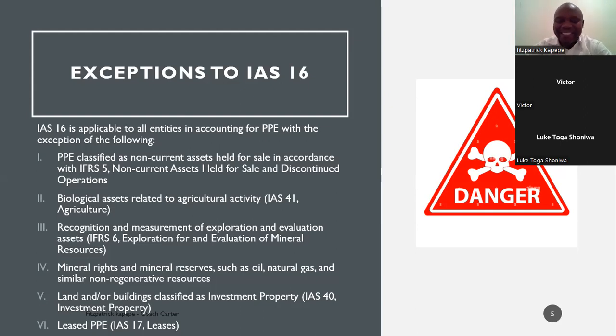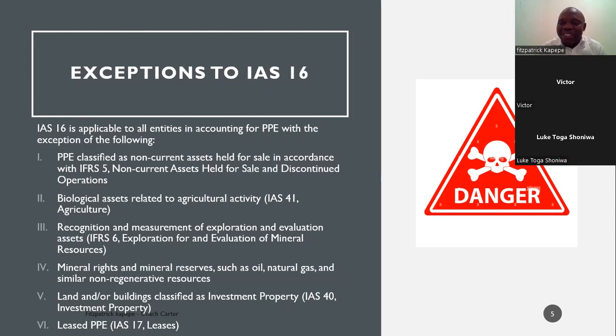That's the first component. Secondly, it is biological assets related to agricultural activity, which is managed under IAS 41. For example, I'm a livestock farmer or a traditional person that keeps cattle. Even in my asset register, I do not depreciate them.